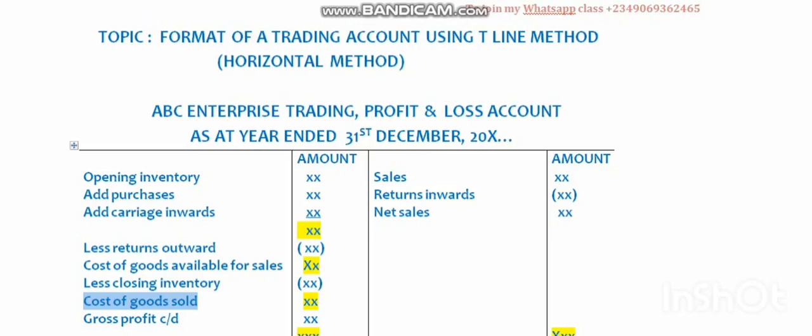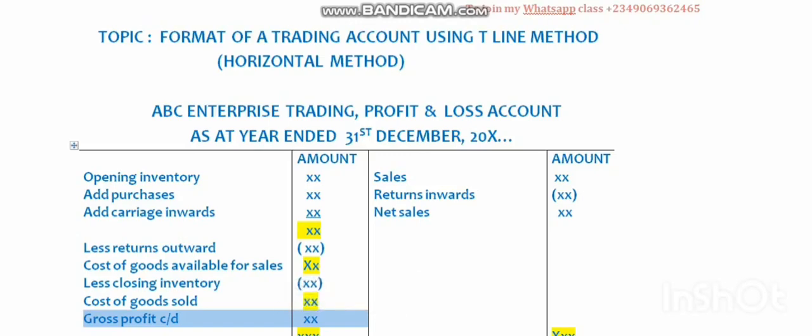That is to say, sales minus cost of goods sold. When you less it, what you get is called gross profit. When the amount is positive, it is called gross profit, but when it is showing a negative figure, it is gross loss.